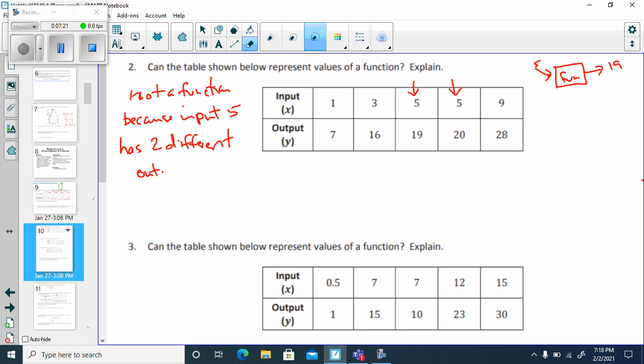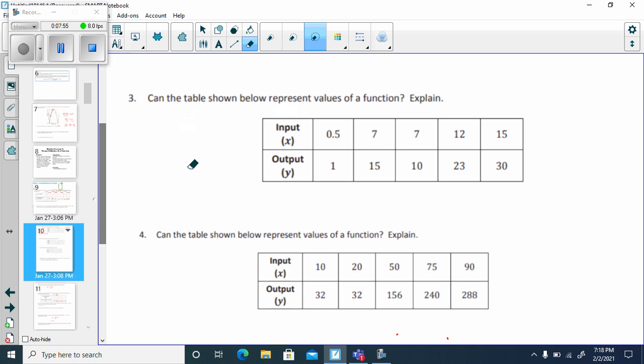What are those two outputs? Well, here it had 19 and here it had 20, right? 19 and 20, okay? So this cannot be a function because input 5 has two different outputs. Your best way to look at it is to look at your inputs and see if any of them repeat and have the same output or different outputs. But the reason it's not a function is because input 5 has two different outputs.